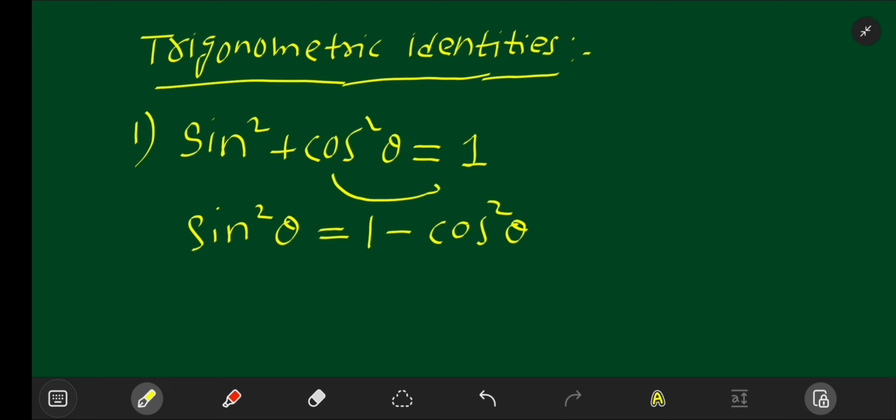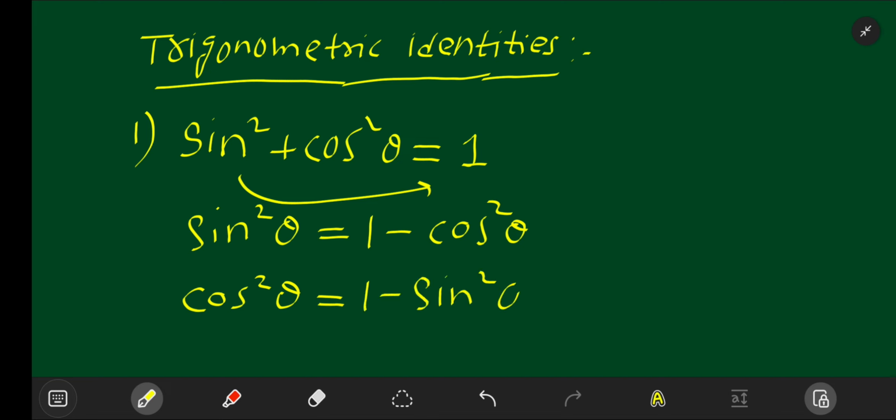Next, when sine square theta is sent to the right hand side, cos square theta is equal to 1 minus sine square theta. This is the first identity. Very, very important identity. You have to remember this identity.